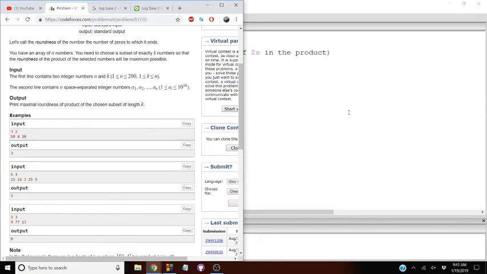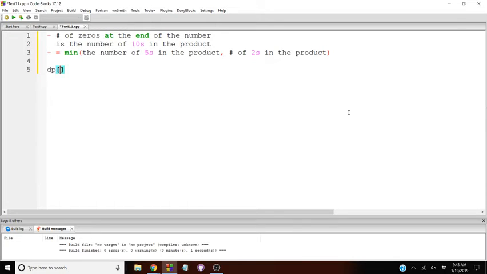So this means that we can do dp of index, number of 2's, and number of 5's. Okay, the index can go from 0 to n. The number of 2's can be n times 60.